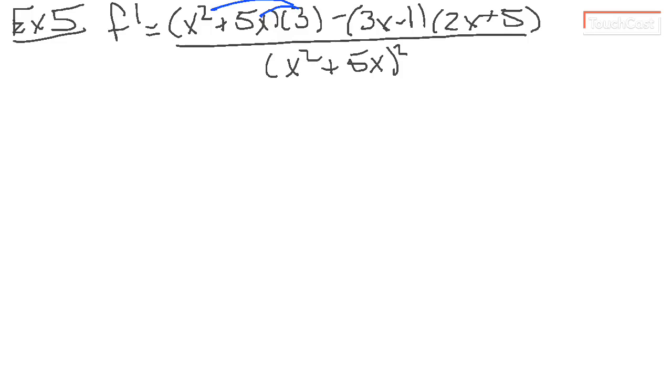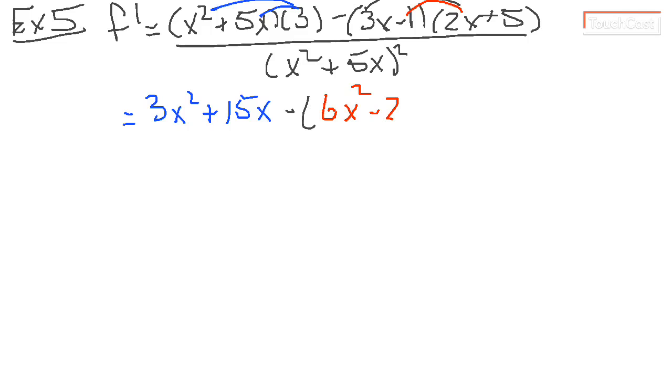So we're going to have a 3x squared plus 15x minus, let's FOIL what we've got in this second part. 2x times 3x, that's 6x squared. 2x times -1 is minus 2x. 5 times 3x is plus 15x. 5 times negative 1 is minus 5.